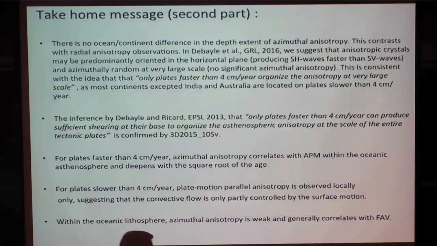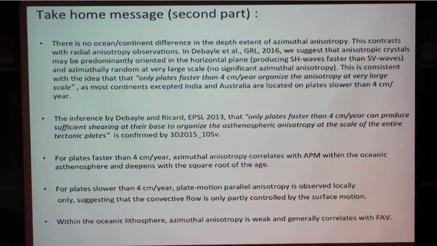So this brings me to the second part of my conclusion. No ocean-continent difference in the depth extent of the azimuthal anisotropy. This is different from the radial anisotropy observation, and we suggest that the anisotropic crystals may be predominantly oriented in the horizontal plane.